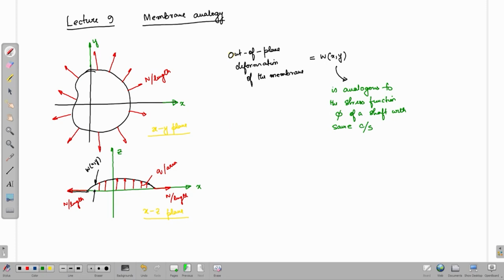So, this is a very useful technique, a practically useful technique to find out or estimate the stress function of a shaft with arbitrary cross section. So, let me write it down. I have a membrane. I have a shaft under torsion.